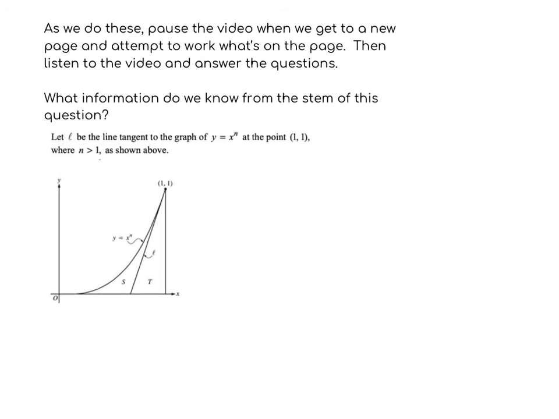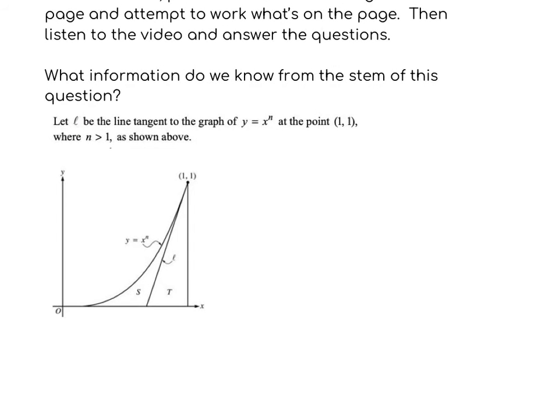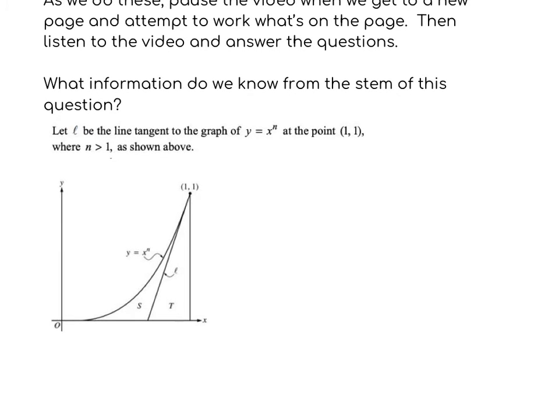All right, friends, let's see what we've got. L is a line tangent to the graph of x to the n at the point (1, 1), where n is greater than 1. Well, so n is some number greater than 1. If L is tangent, that means if I take the derivative, nx to the n minus 1, that's just the power rule.